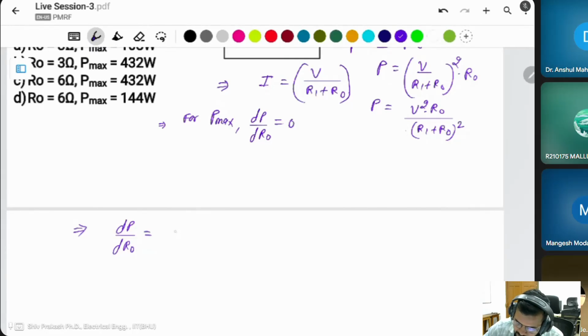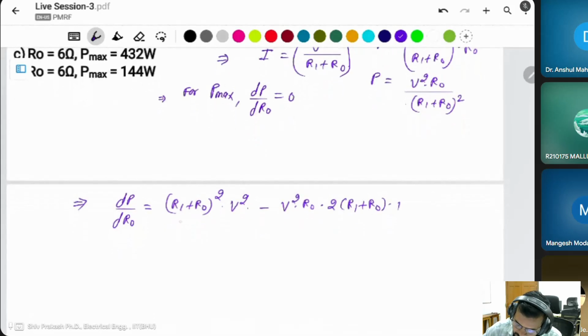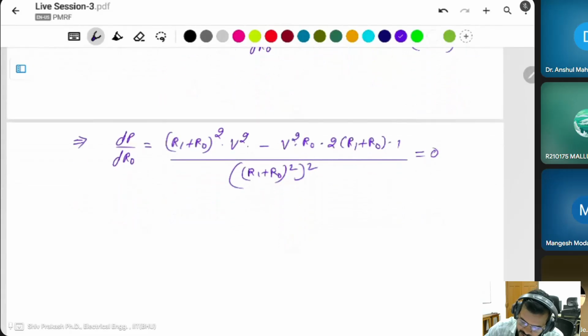Denominator first into differentiation of numerator V square R naught, which is 1 with respect to R naught, minus V square R naught, numerator, into differentiation of denominator, which will be 2 times R1 plus R naught into differentiation of this, which will be 1, divided by denominator R1 plus R naught, whole square. This should be 0 for checking the maximum or minimum.